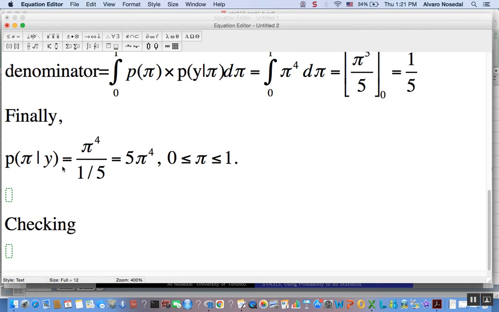In this case, this guy is going to be 0 if the pi where we are evaluating is not inside the 0-1 interval, and it's going to be 5 times pi to the 4th if pi lives between 0 and 1. So the first condition is checked: it's a non-negative function.